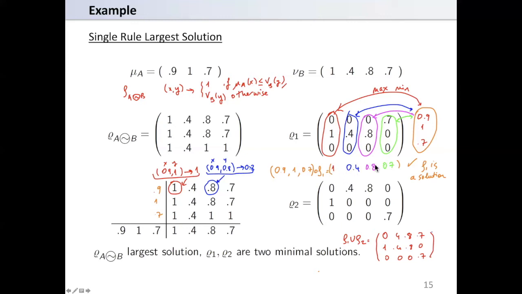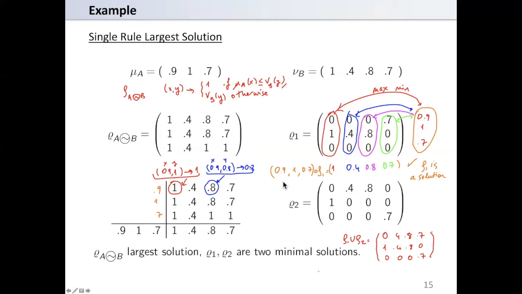Now compare this one with the value given here. Notice that they are the same. So row 1 is a solution. Another relation is given here. Again, it should be checked if this is a solution by the rule of the composition.